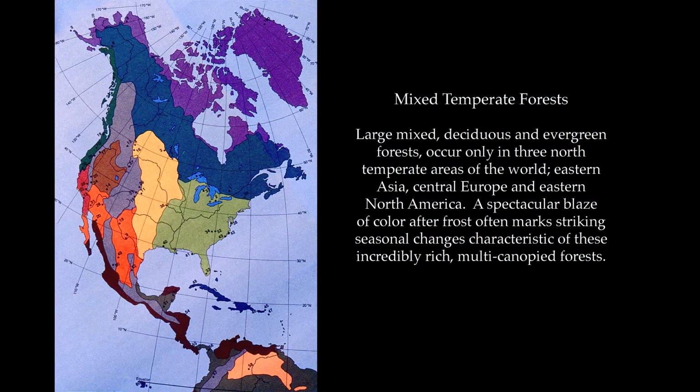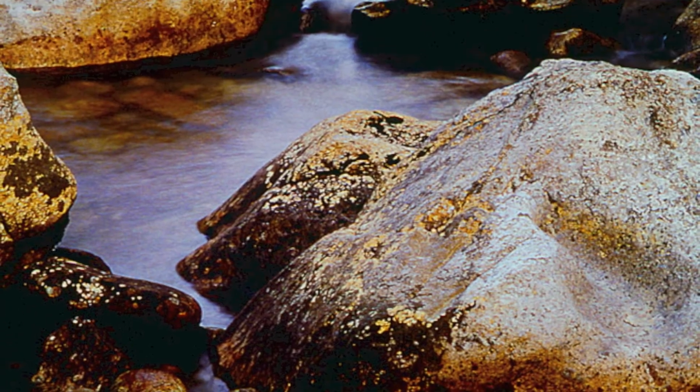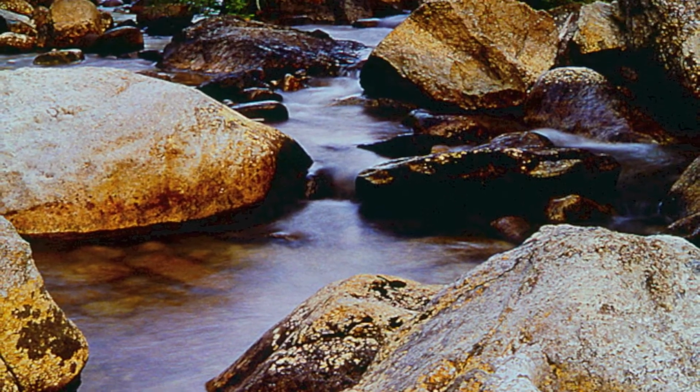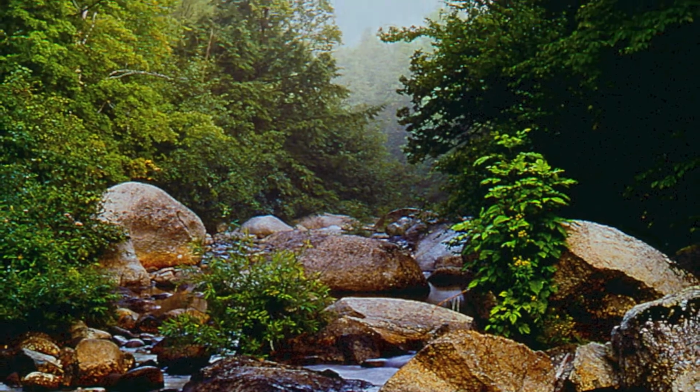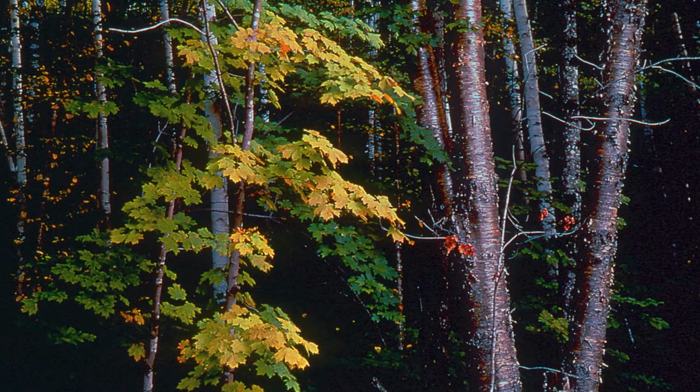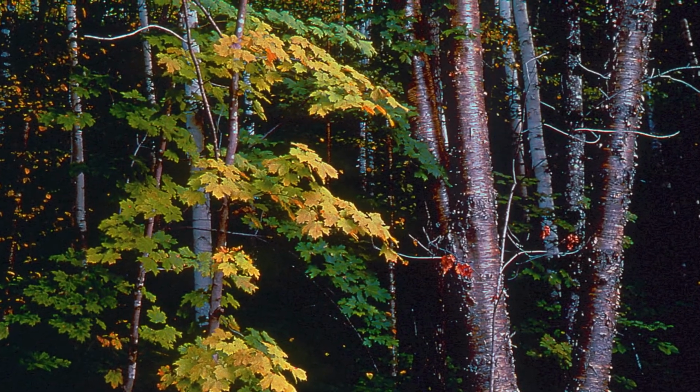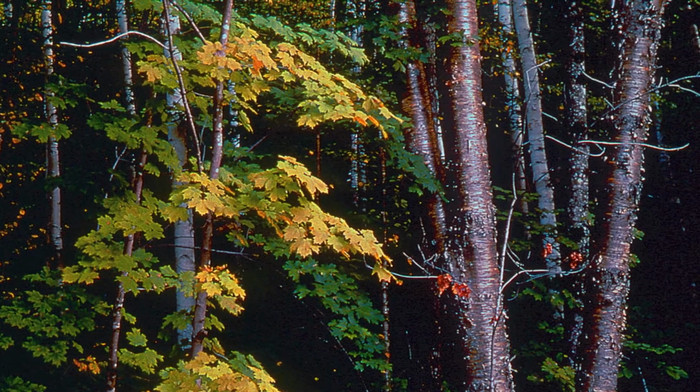Mixed temperate forest systems. Large mixed deciduous and evergreen forests occur only in 3 north temperate areas of the world: Eastern Asia, Central Europe and Eastern North America. A spectacular blaze of autumn leaf colors after frost, and swift spring greening of leaves, mark striking characteristic seasonal changes.